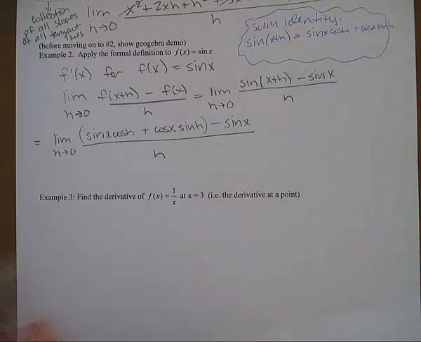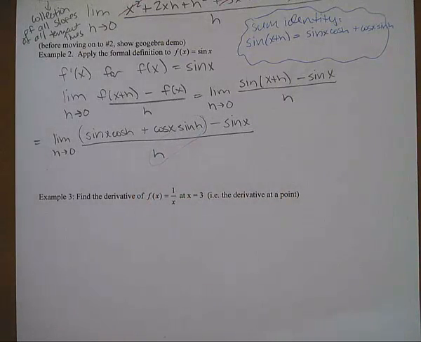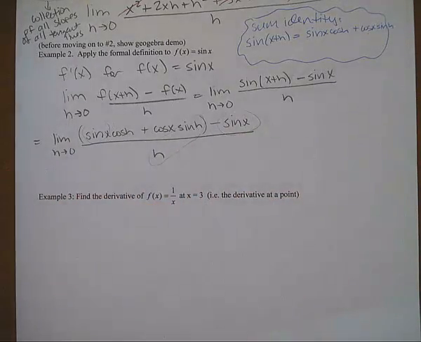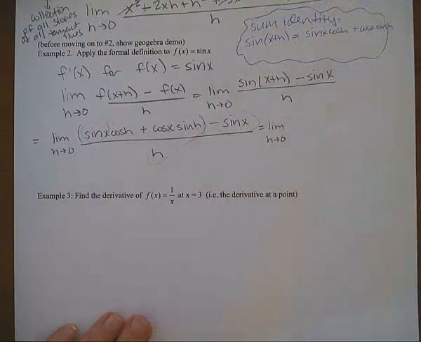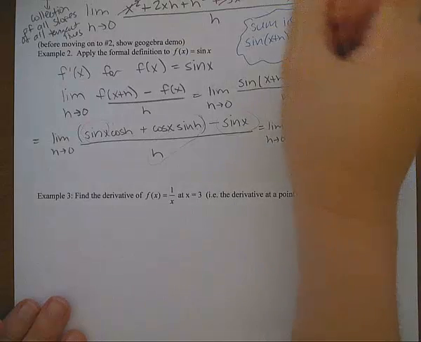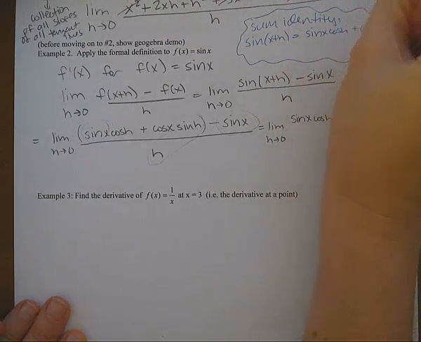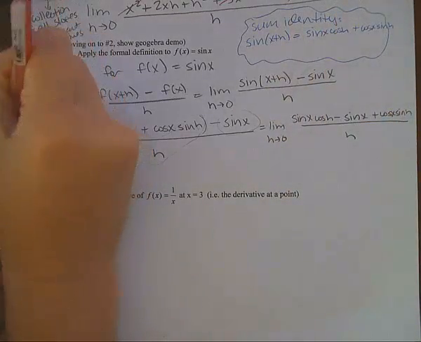So I need to do more work. Well, I do see a special limit. It looks like what could be appearing right there, sine h over h. And I see that this term has a sine x in common with that one. So let's see if I can finagle this around a little bit to my advantage. I'm going to put the sine x over here with these terms since it goes together, and then I'll think of this as something separate.